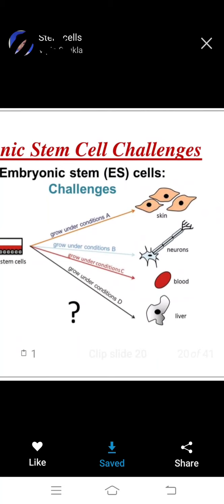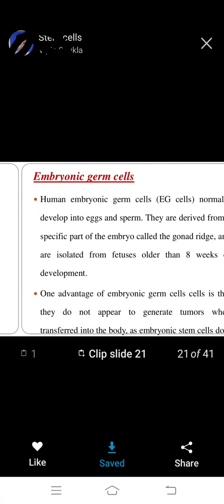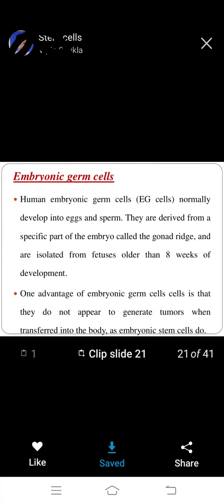Skin is the ectodermal layer formation. And neuron, blood and liver are from ecto, endo and mesoderm formation. Okay. Embryonic germ cells we will also discuss.